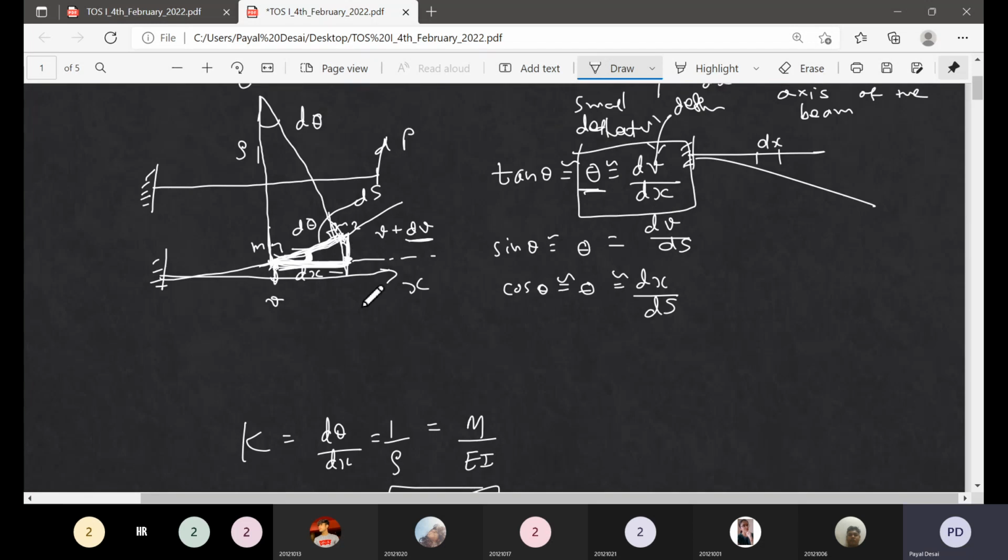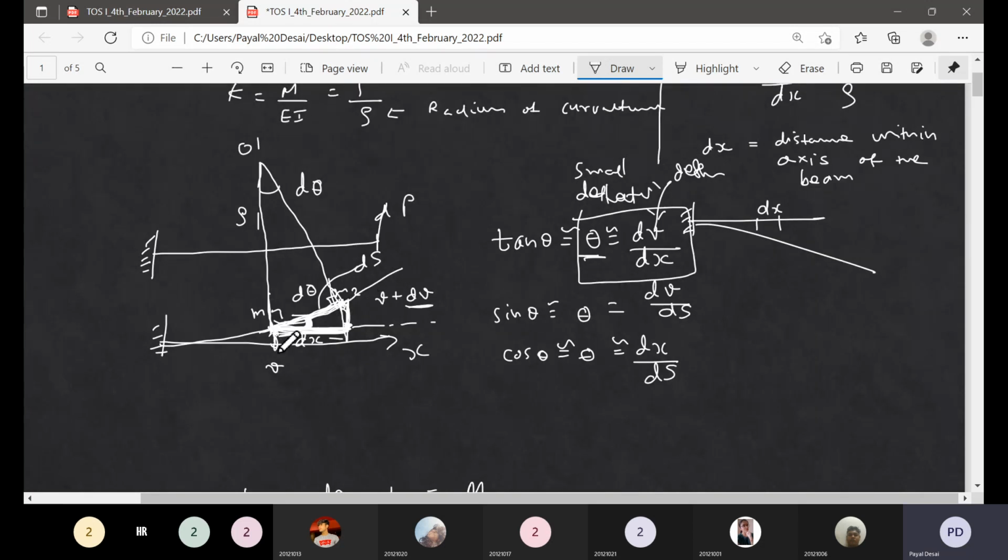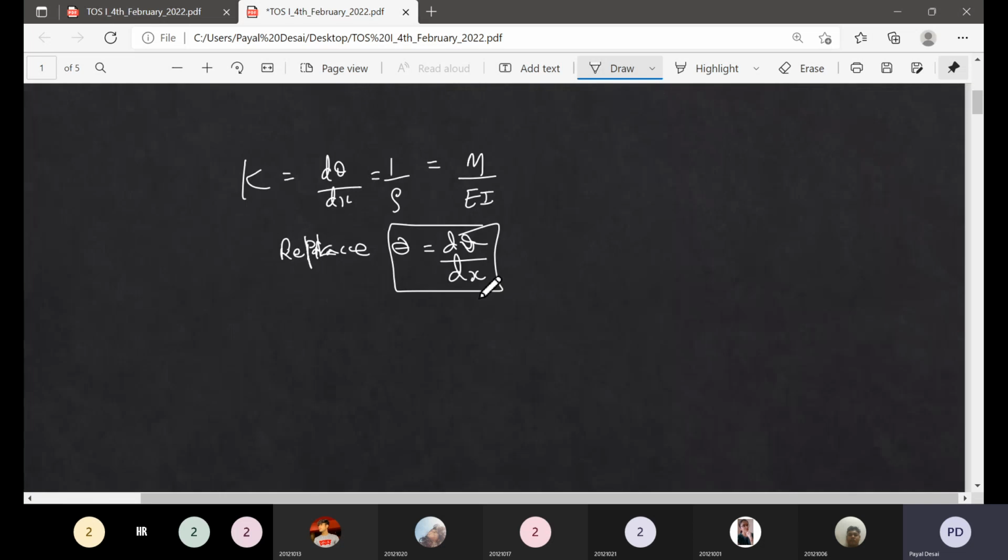You should not have any confusion. It is a very simple geometrical interpretation here, that if this is your theta, small angle, then how much is the increase in the deflection? This is dv actually, and total is v plus dv. So dv over dx. It's as simple as that. So we may write this in the form of this equation. So we replace now kappa is equal to d by dx of dv by dx.